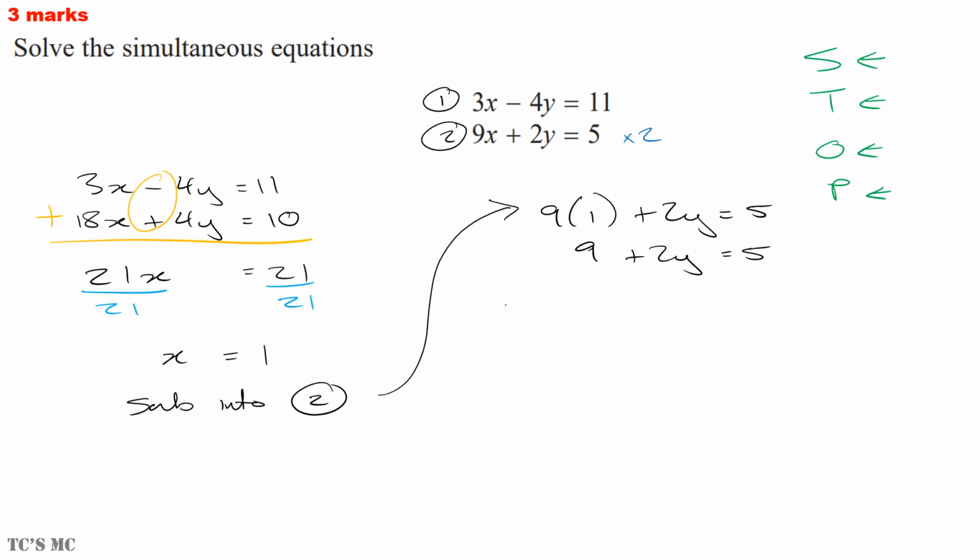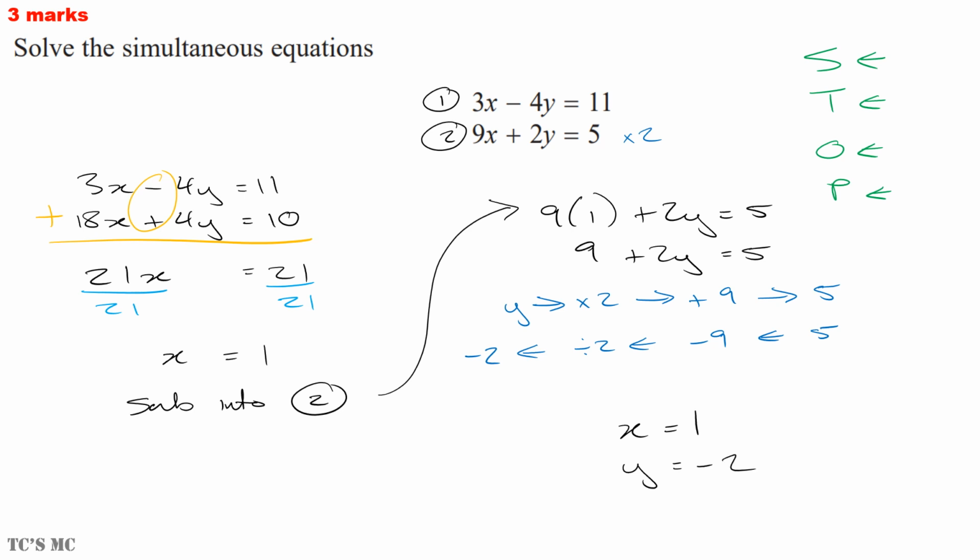So I have y multiplied by 2, add 9 to give me 5. Go backwards doing the inverse, subtract 9 and divide by 2. That gets us negative 2. So x is equal to 1 and y is equal to negative 2.